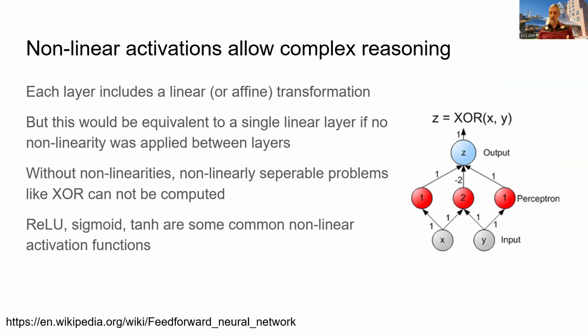Okay, so there's one more component to each of these layers that we haven't talked about, and that's the nonlinear activation. If we think of the weights as a matrix, and we can ignore the biases for a moment, and I'm telling you that you can go from one layer of my neural net to the other by a matrix multiplication, well, then if I have 10 layers in my neural net, then I have 10 matrices.